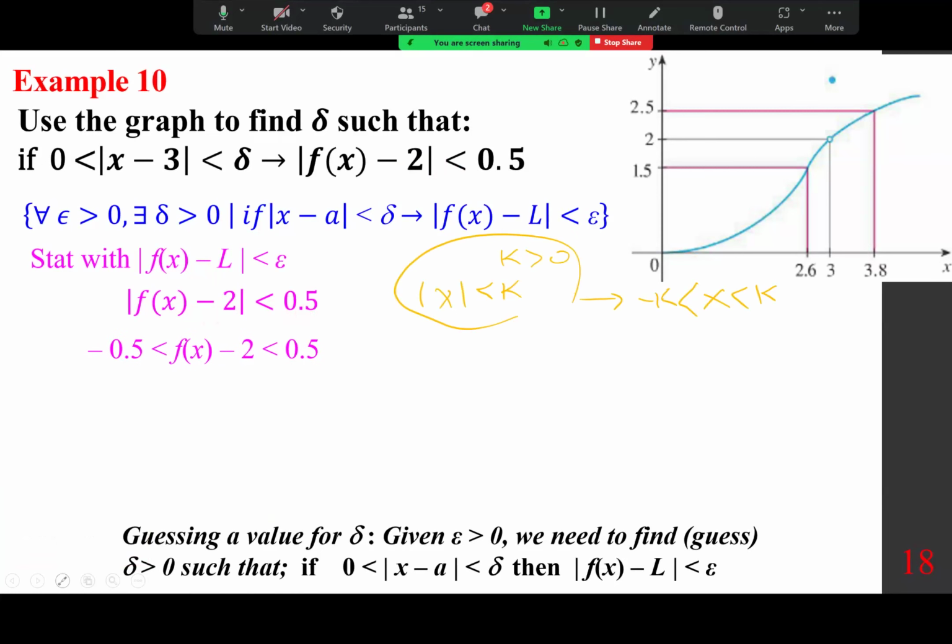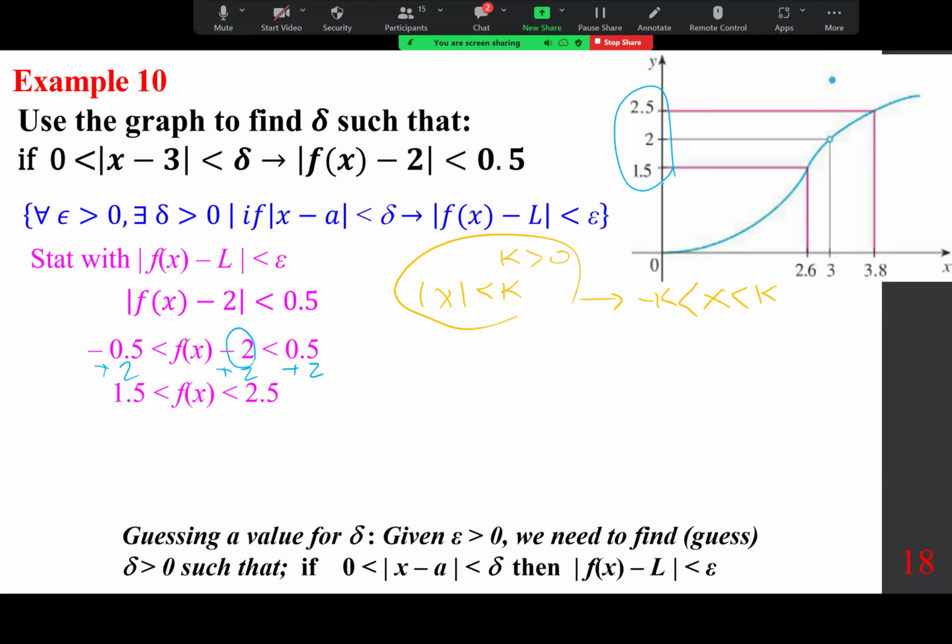We are going to move the negative 2 and add 2 to both sides. f of x is between 1.5 and 2.5, which is showing right here on the graph, okay?